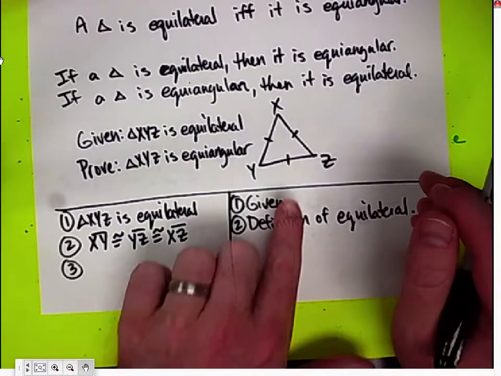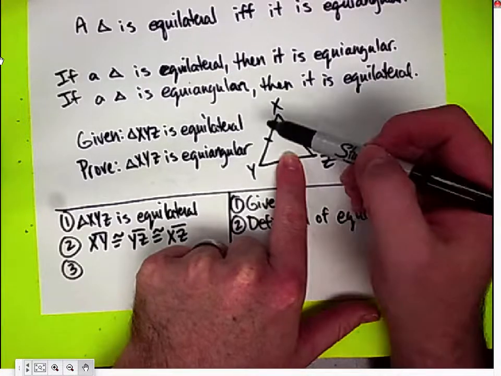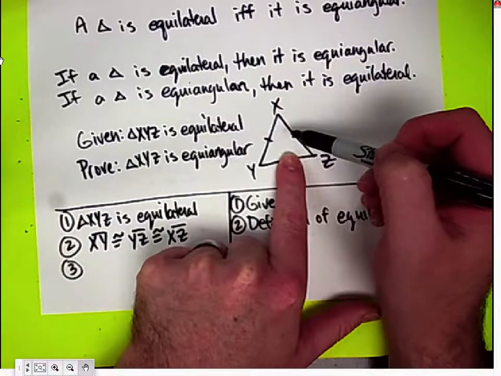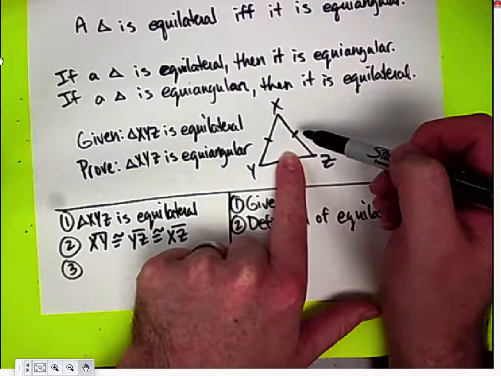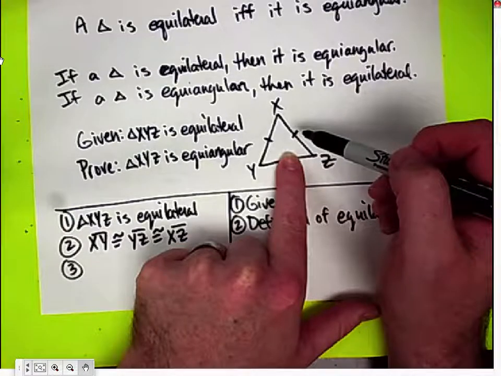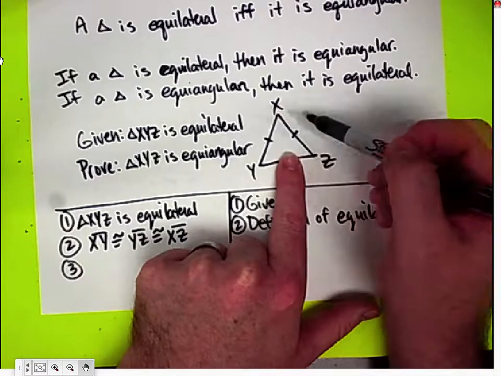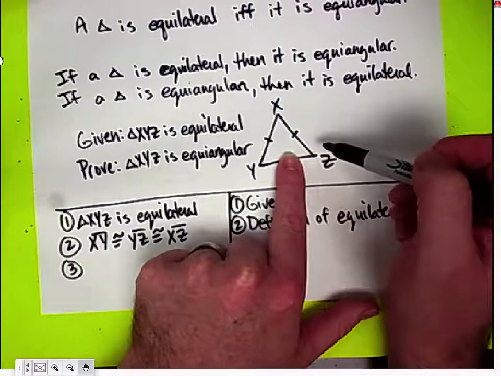Well, ignore this side for a second. We have two sides of a triangle that are congruent. What did we just learn that means? It's isosceles, but what did the theorem tell us also it means? If two sides are congruent, the angles opposite of them are congruent.